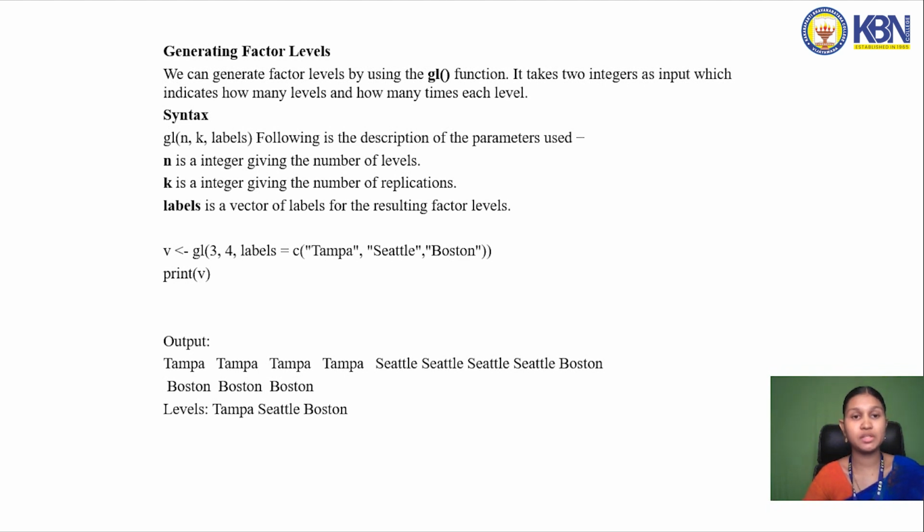Labels are used whenever you have to represent names. Here I am giving n value 3 and k value 4. I am giving the label names. These label names will be repeated 4 times. I have told previously k means the number of replications. That's why the output will represent each and every variable repeated 4 times.